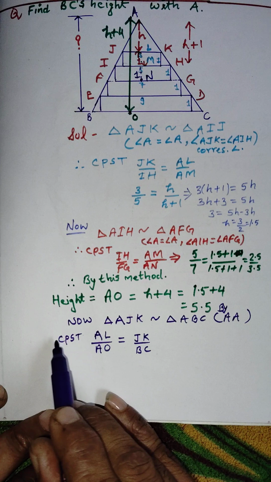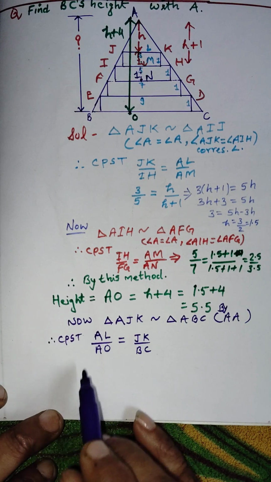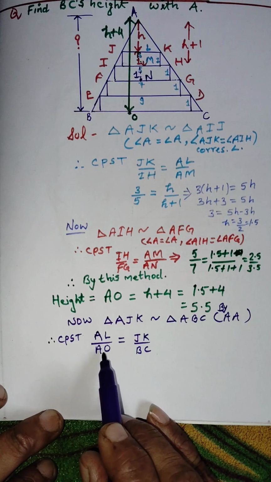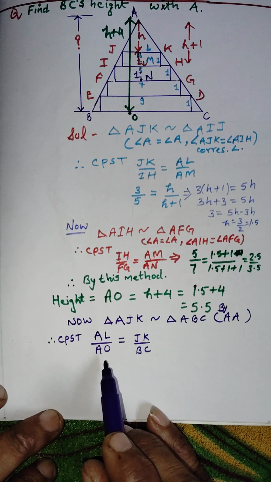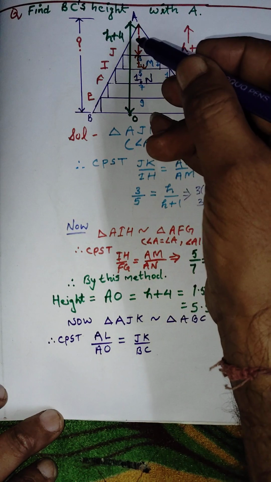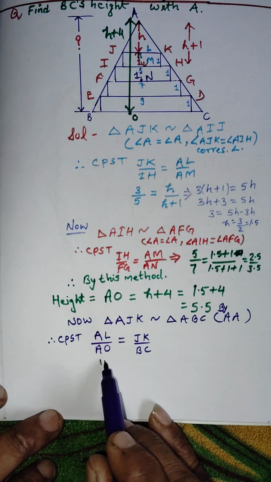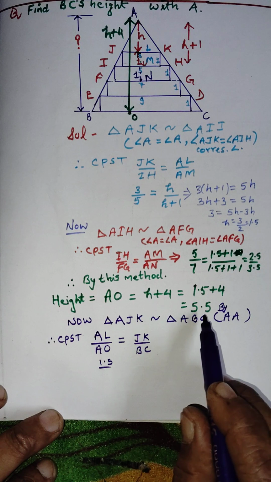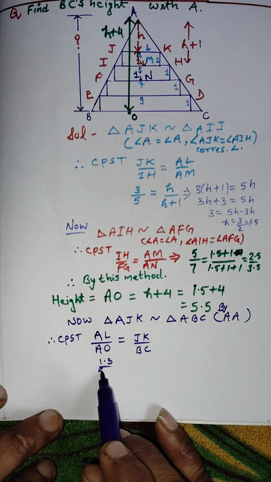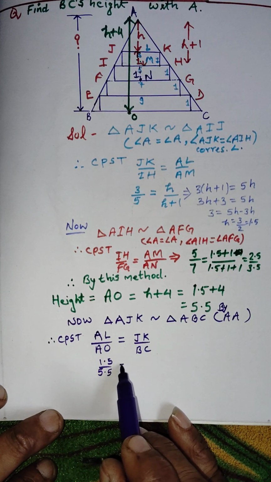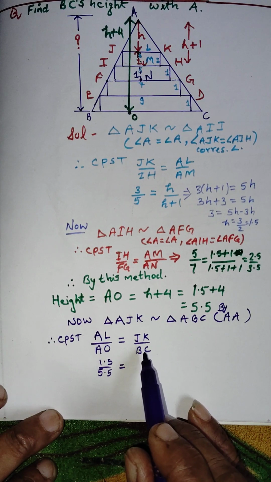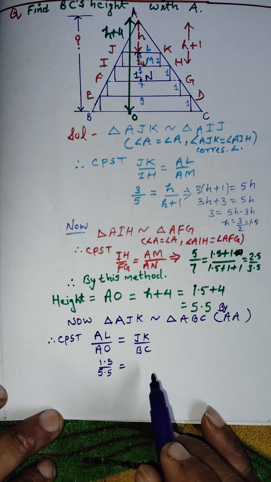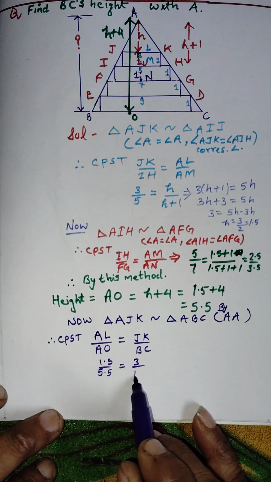Therefore plug in the values. AL is H, which is 1.5. AO we have found to be 5.5, equals JK upon BC. JK is 3 and BC is not known.